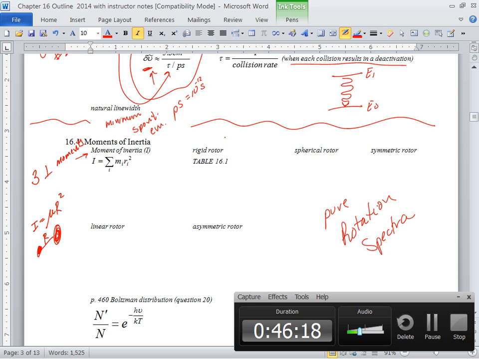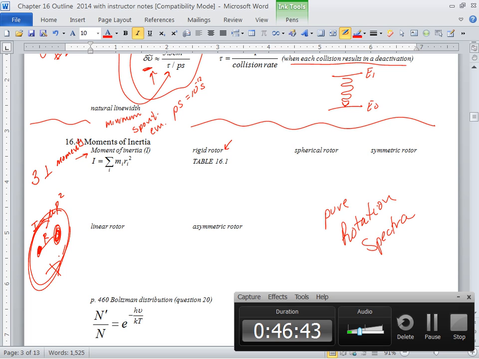And for all these equations to work, they call them rigid rotors. This guy's spinning. But if he's spinning, that R should feel like it wants to get what? Bigger or smaller? If this molecule's spinning, the way it's drawn. Can you imagine it?